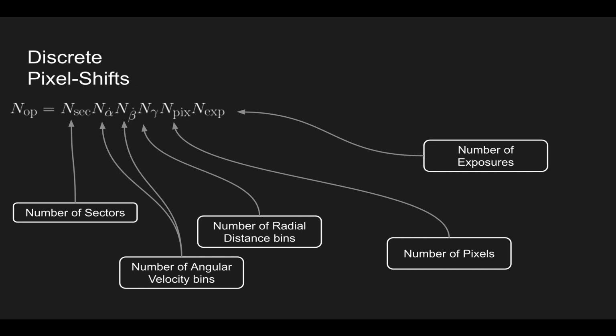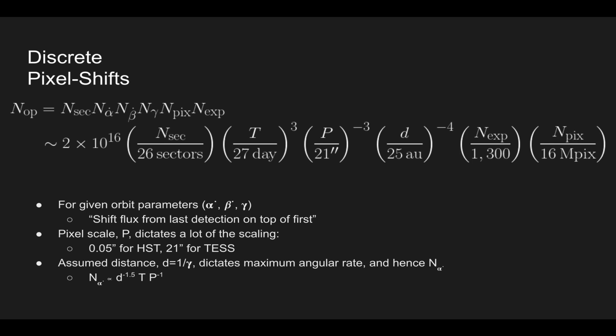And I don't have time to go through each of these components, but one can work out relatively easily expressions for each of these components. Some of them are just fixed numbers, like the number of sectors we need to consider. Here, I've got 26, a little out of date, but obviously it's going to change things by a factor of a couple.